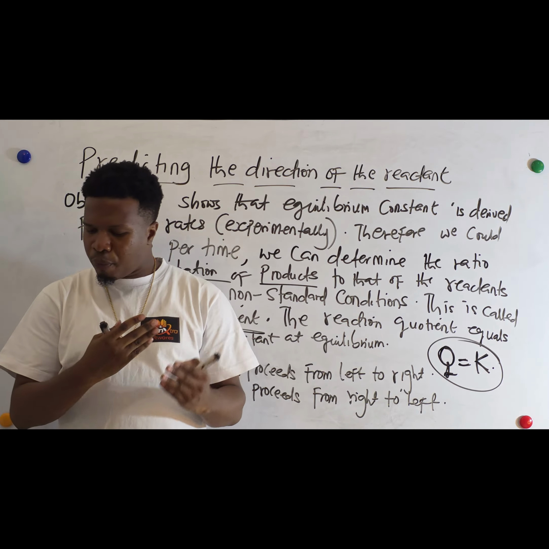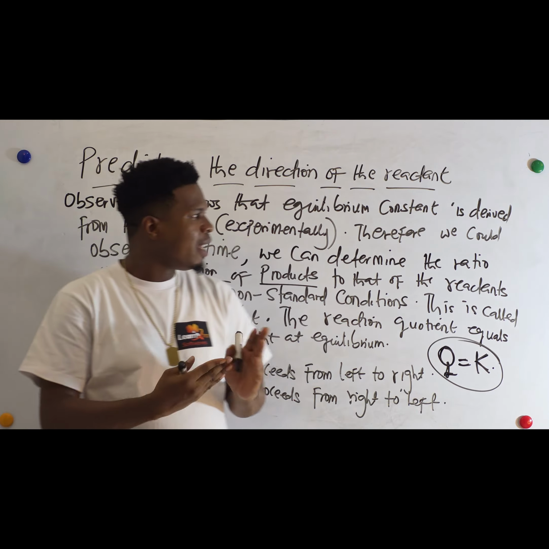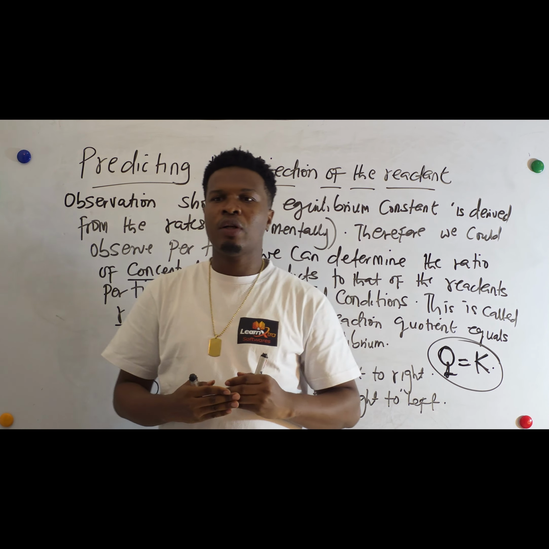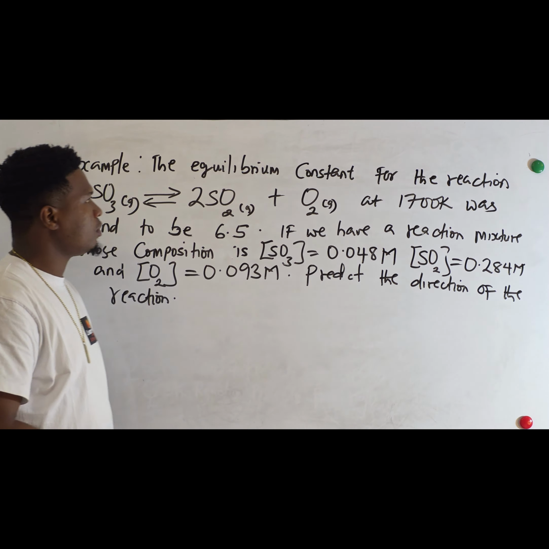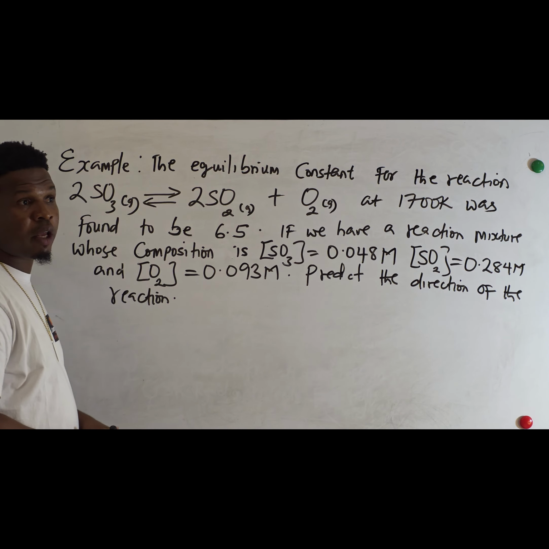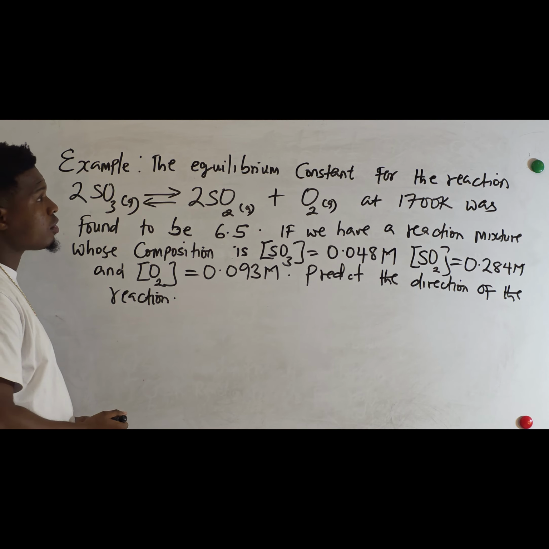So I'm going to look at a simple calculation that can help us understand what I've written on the board. Let's look at this question on the prediction of the direction of a reaction.